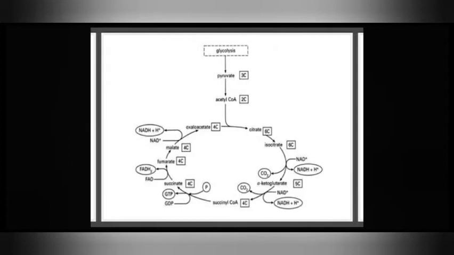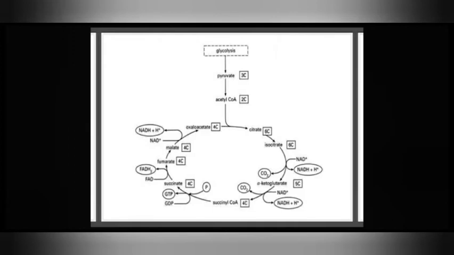Now this succinyl coenzyme A gets converted to succinate. In this process, 1 GDP gets converted to GTP.